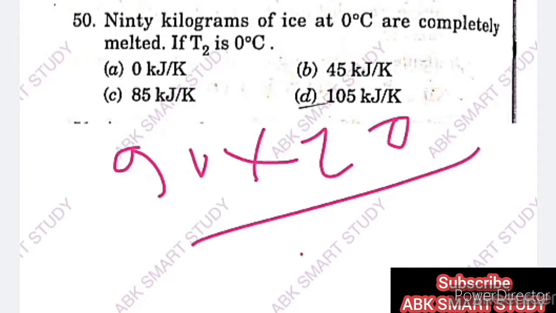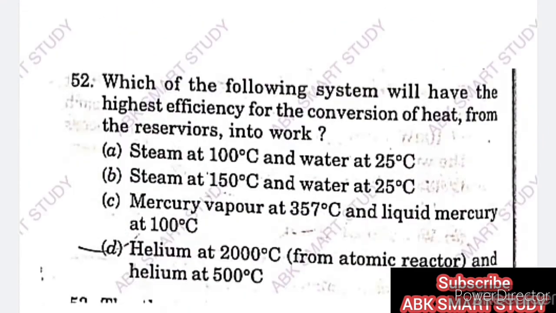Temperature is equal to 273. By calculating this, we get change in entropy is equal to 105 kilojoule per Kelvin. So here 90 kilogram of ice at 0 degree Celsius completely melted gives delta S equal to 105 kilojoule per Kelvin. So here option D is the correct answer. Next question.